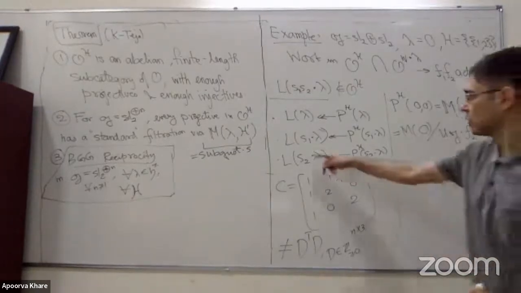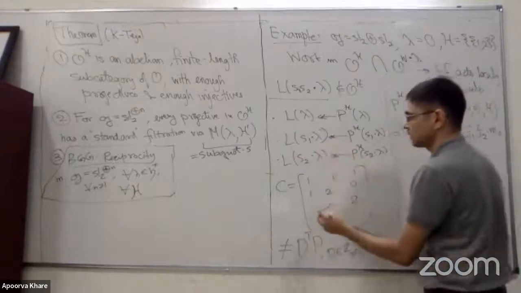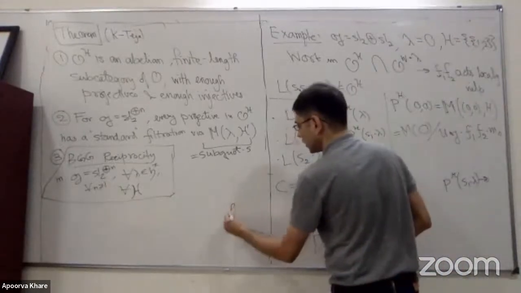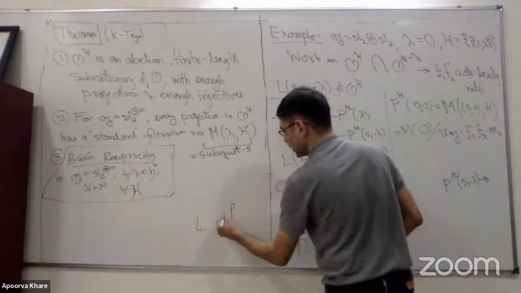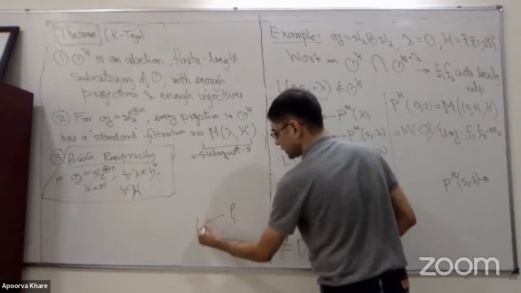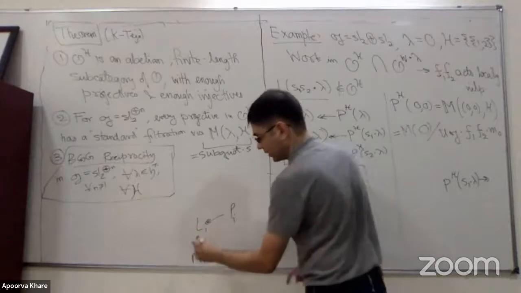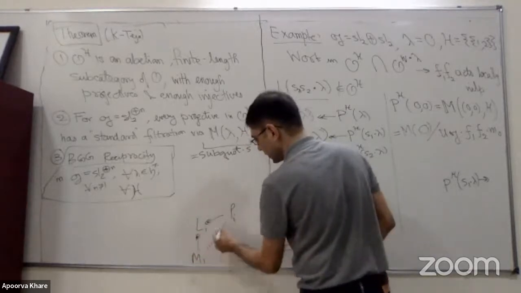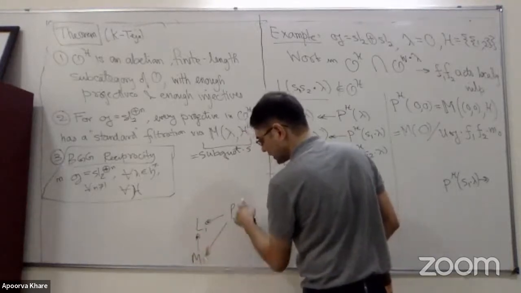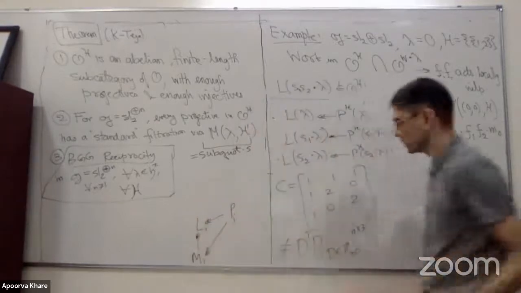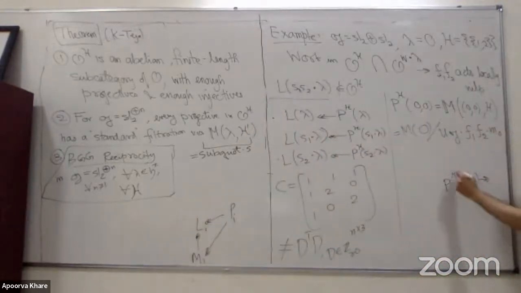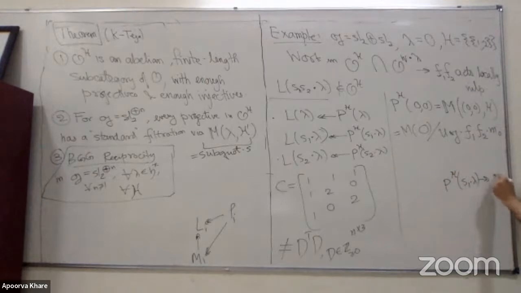Remember this thing I mentioned last time: if you have a simple module and its projective cover, of course it surjects onto it, but the Verma module, the standard object in that category, also surjects onto it, with a generator mapping to the generator. That's what happens in the usual category, and it also happens here.